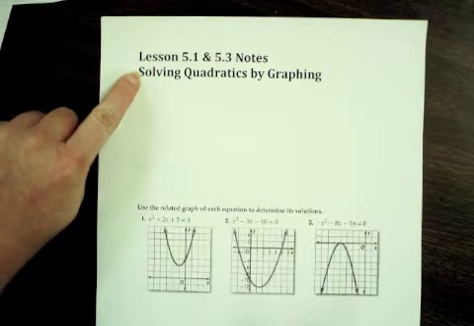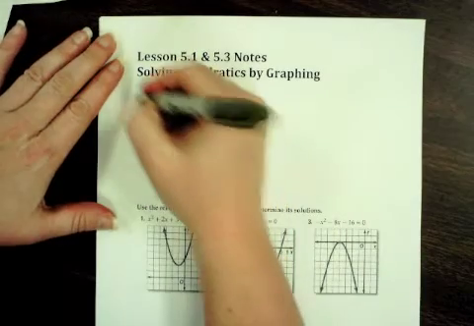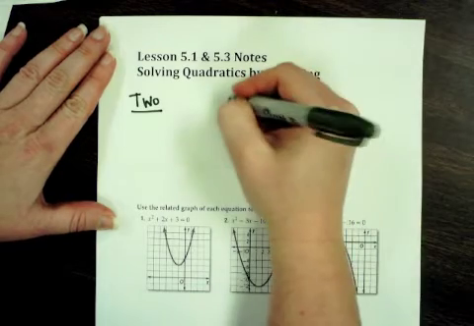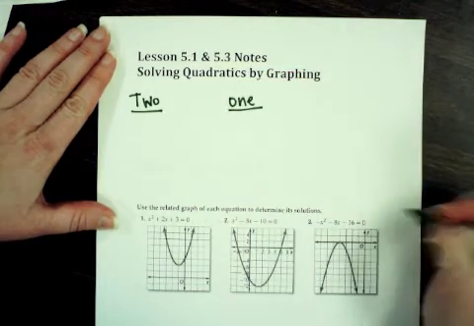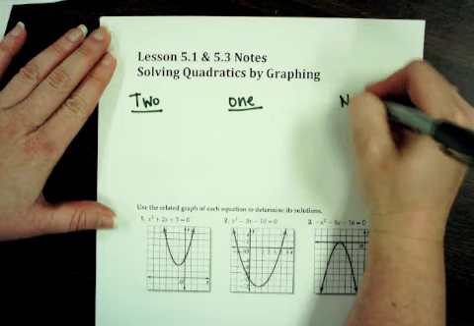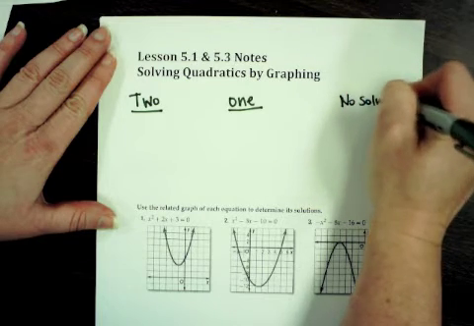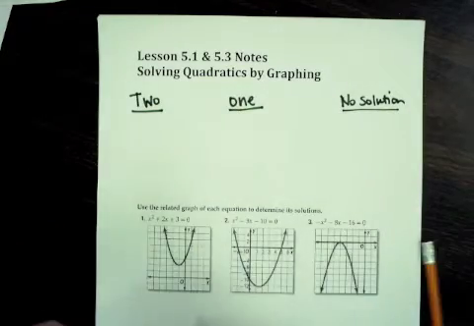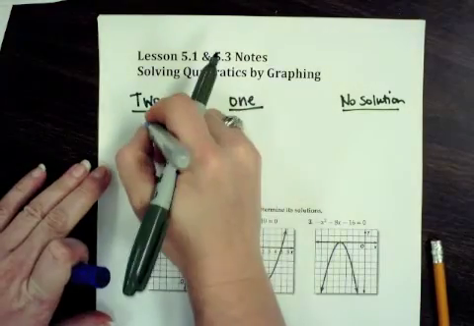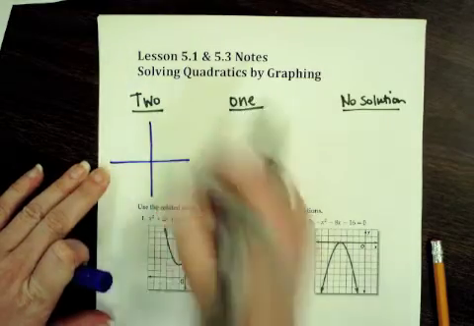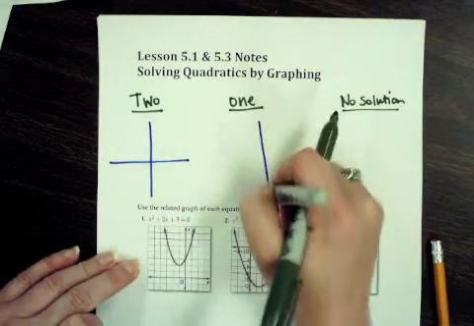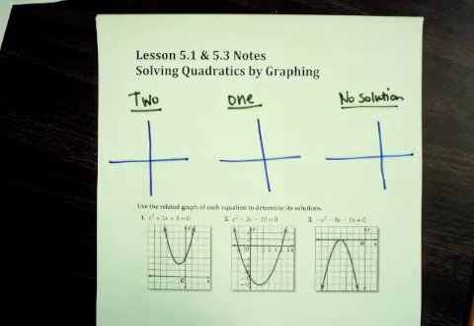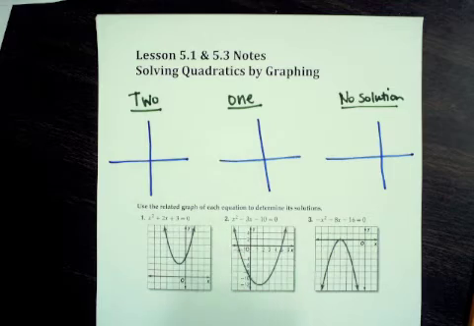You can have either two solutions, you can have one solution, or you can have no solution. And if I were to look at my coordinate grid, I want to show you a possible graph of two solutions.